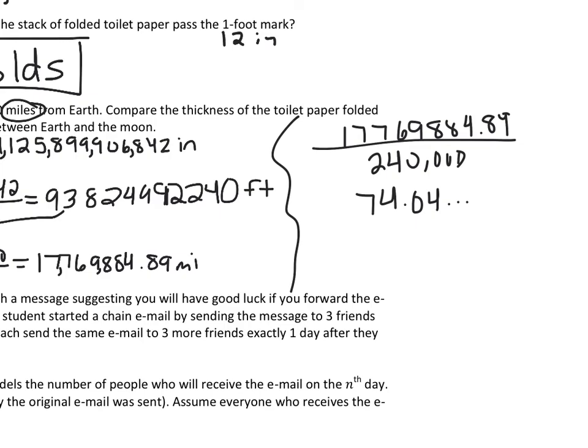Let's go ahead and type that up because it wanted us to compare. So again, the thickness of the toilet paper is about 74 times the distance from the Earth to the moon.